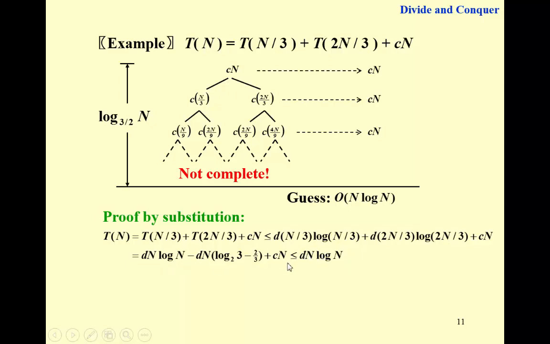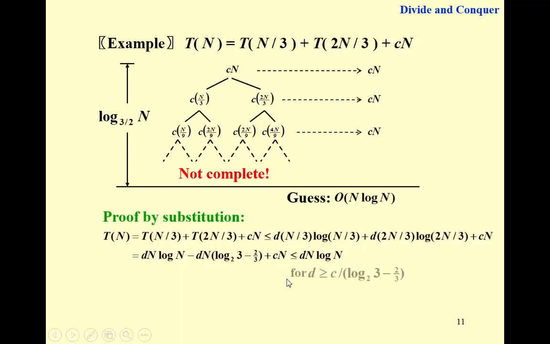And we can obtain this conclusion only if this part is negative. Can we guarantee that? n doesn't matter, n is a positive number. Alright, so what we really need to prove is that negative d times this constant plus c is less than or equal to 0. Right?